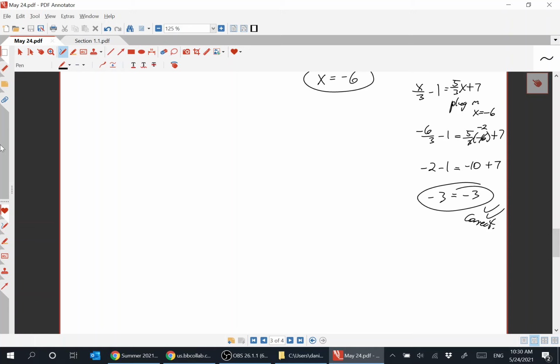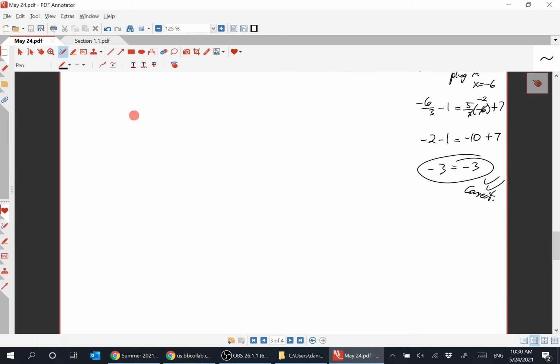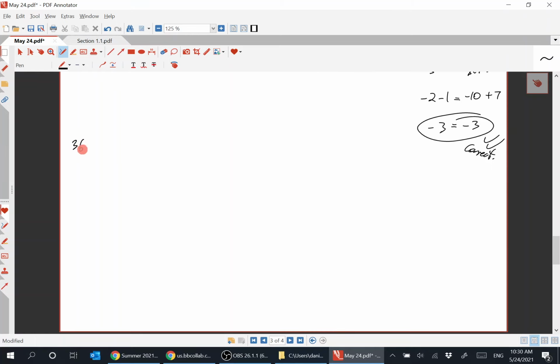So let's do a couple more. 63. So 36 is a good one. Let's take a look at that. Now it's getting a little more complicated.